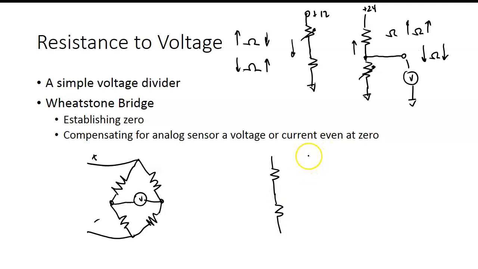This gets into a way that we would draw it in DC. Let's see, plus, minus. And then we'll take our output right here, and it's going to be a voltage output. So this is the Wheatstone bridge.